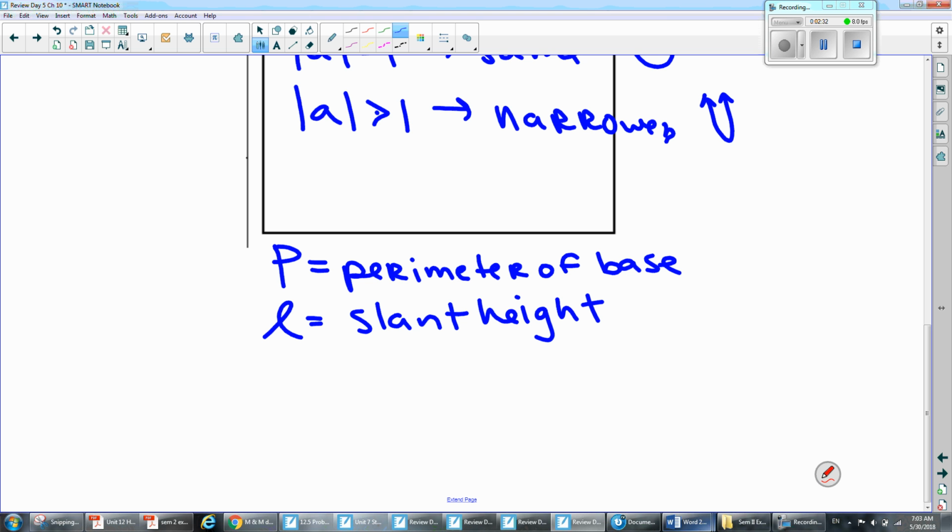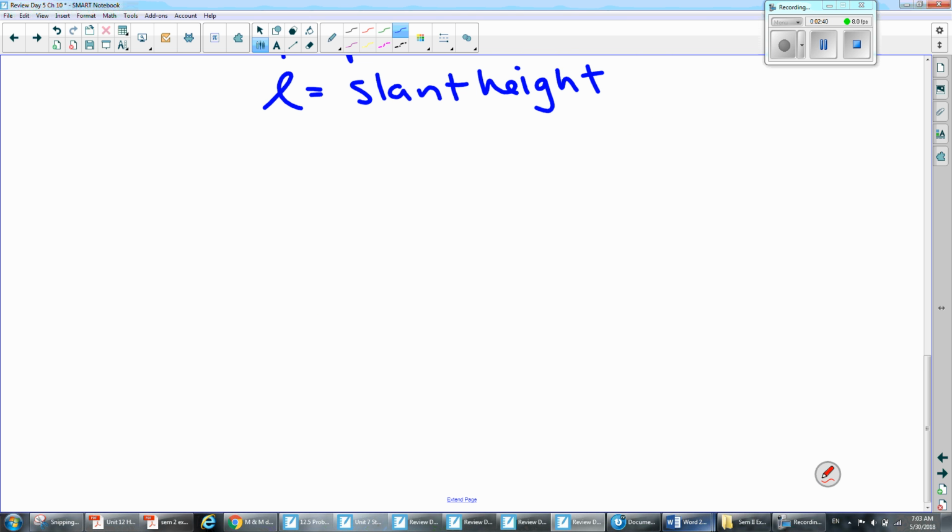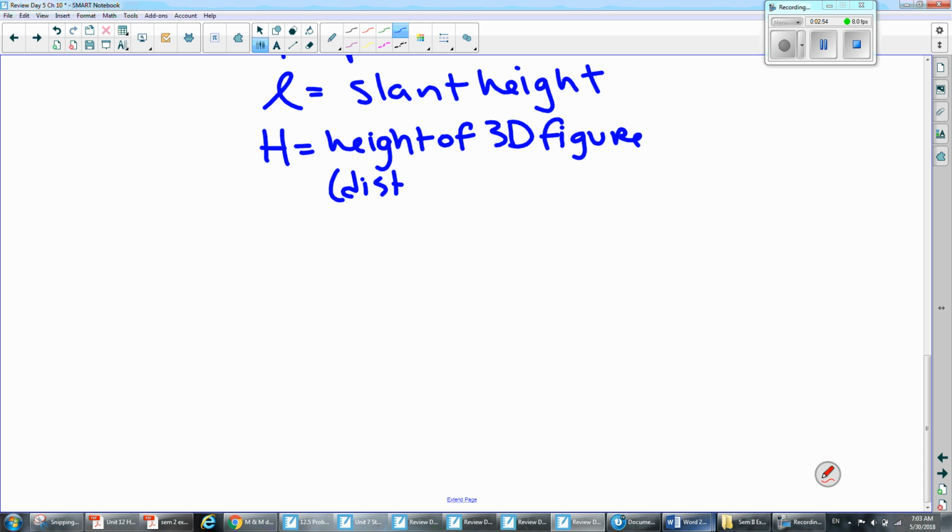It's the slant height, the height of one of those slanted sides. So on a pyramid, the height of one of those triangles, or if it's a cone, the length of that straight side. We have a capital H. This is the height of a 3D figure. Also the distance between the bases.